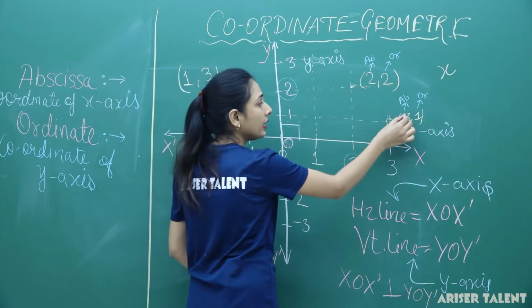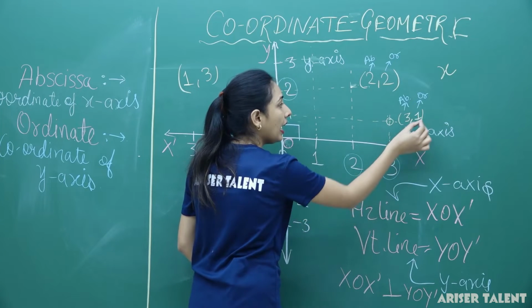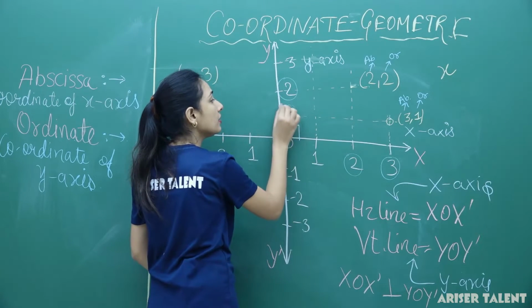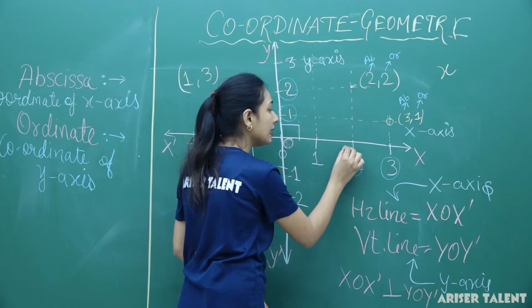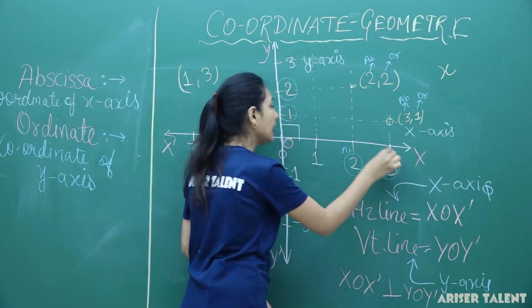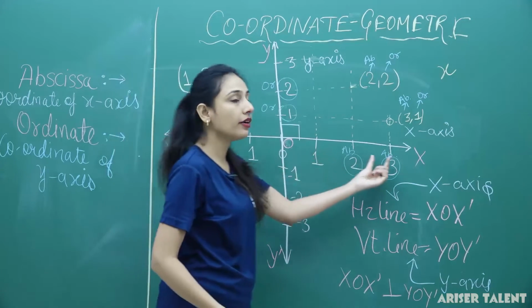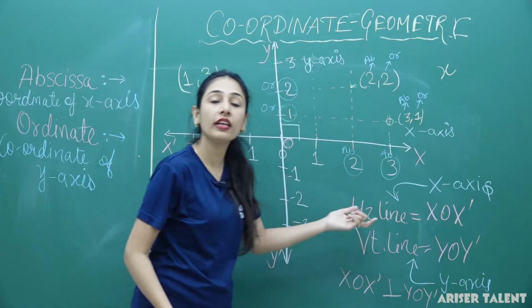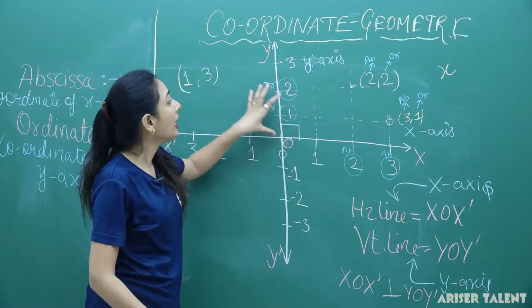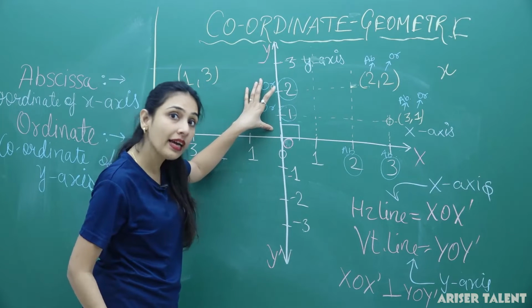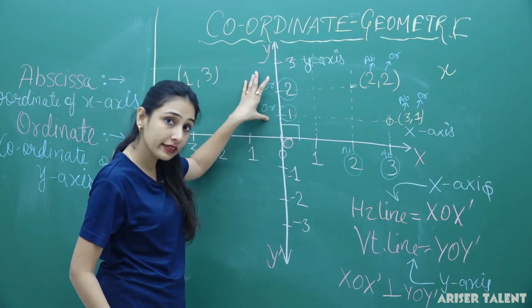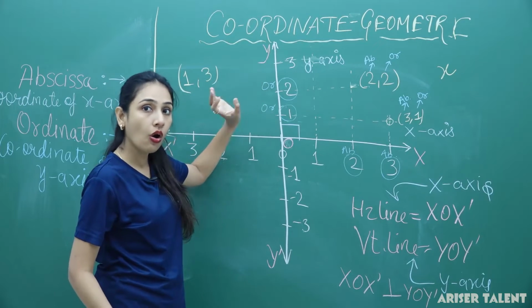For this point this abscissa is 3 here and this one is the ordinate which is here. So these are the abscissas and these are the ordinates. Why? Because this is the coordinate of x-axis, so these will be called abscissa and these are the coordinates of y-axis. These are plotted on the y-axis, so that will be called ordinate.